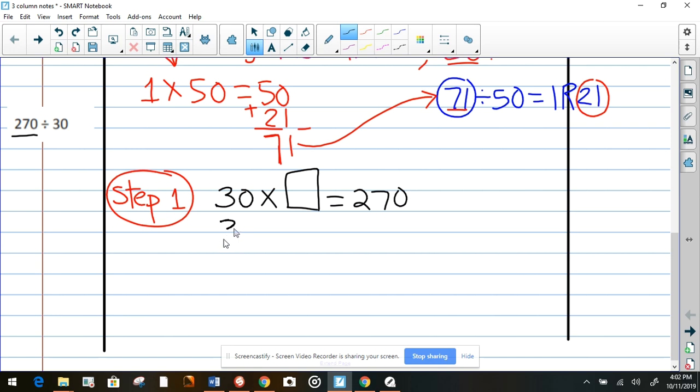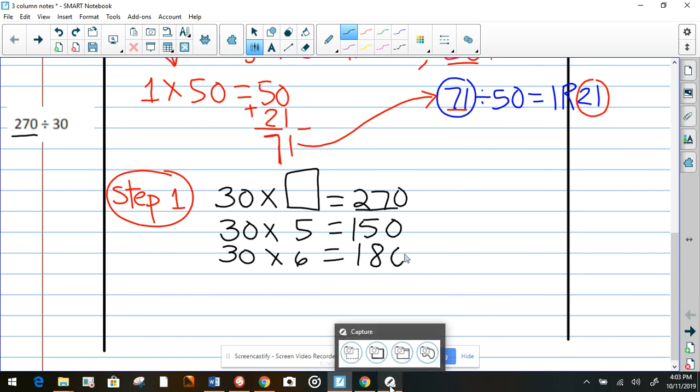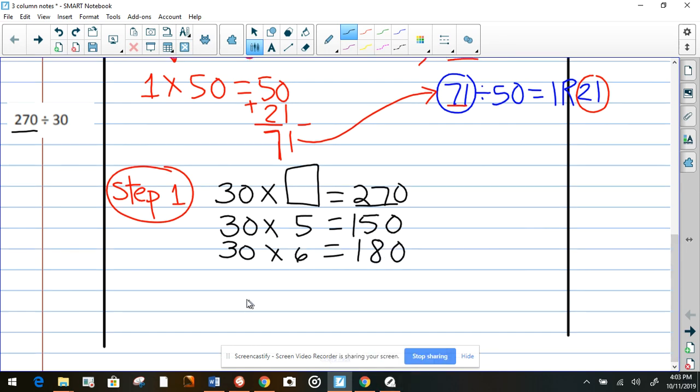Well, let me do that. Since this is a large number, I'm going to start with 5. You're going to start from 1. So I'm going to say 30 times 5 equals 150. 30 times 6 equals 180. And 30 times 7 equals 210.